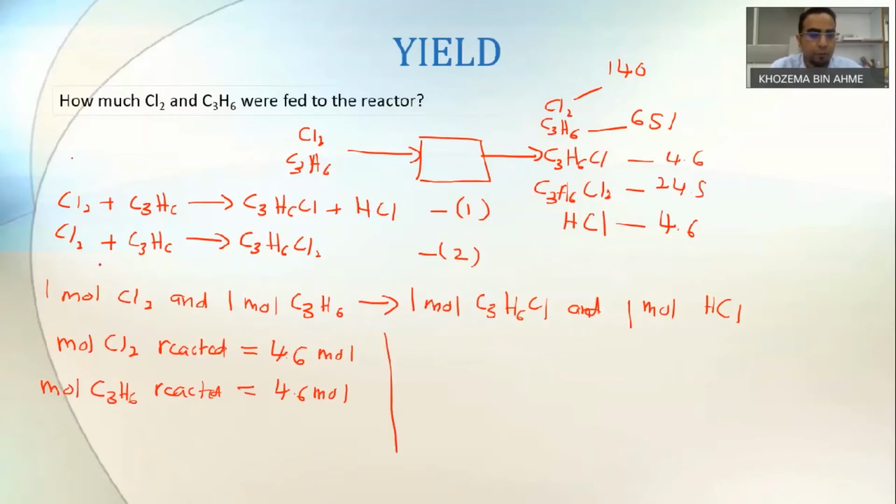So let's say we do the same thing for reaction 2, we have that 1 mole of chlorine and 1 mole of propane will give 1 mole of dichloropropane. And we know that 24.5 mole of dichloropropane is produced. Meaning that in order for me to produce 24.5 mole of dichloropropane, 24.5 chlorine will react with 24.5 of propane.